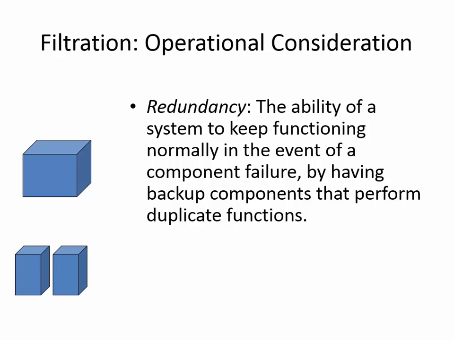If there's 3 filters in series, then that means the water goes from one to the other. This is a sketch of water flowing in series, and parallel means that the water is split into 3 separate streams. Okay, so this is parallel.